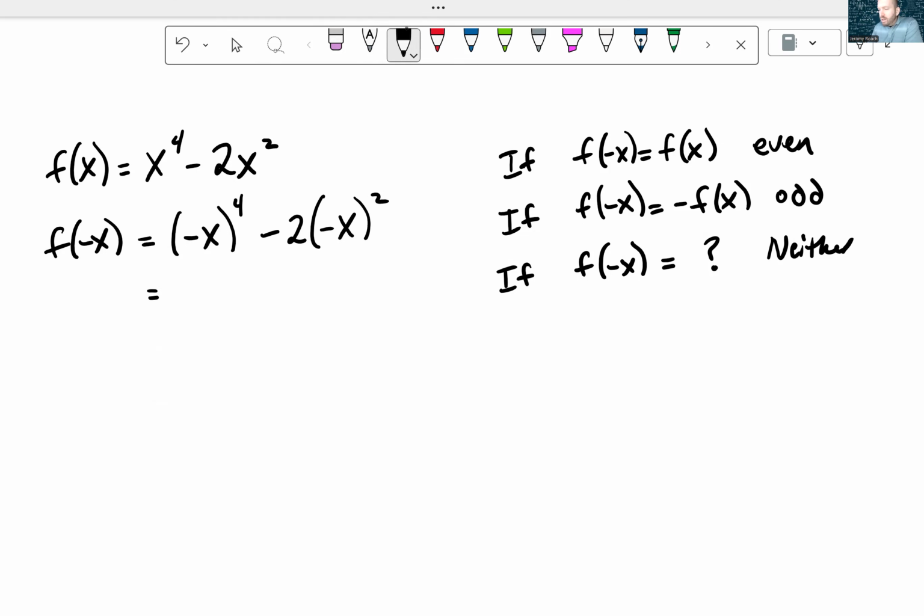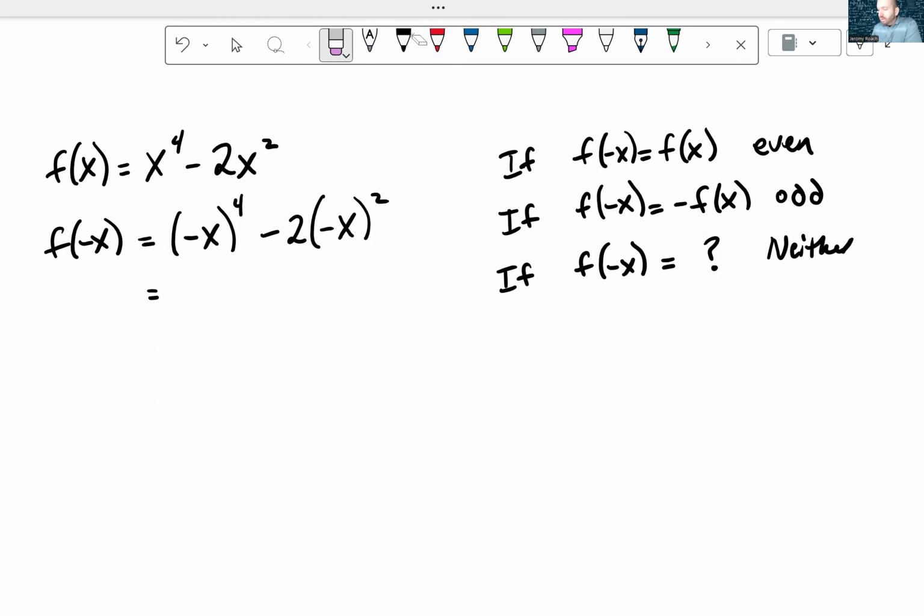Anytime that we have something to an even power, it's going to make it positive. Sometimes if you don't put parentheses in your calculator, if you're putting numbers in and checking to the power 4 or something squared, your calculator might tell you the wrong answer. It's always positive because if we look at the squared term, negative x times negative x is x squared.